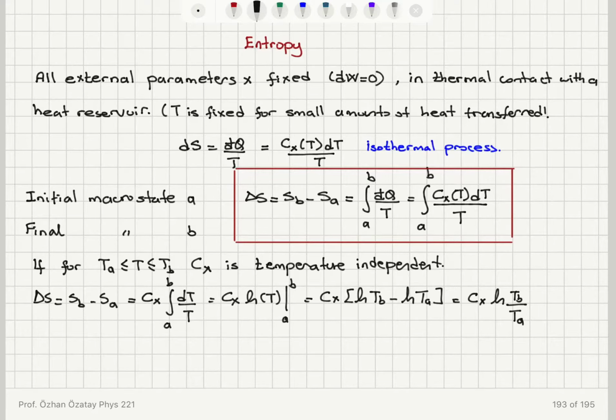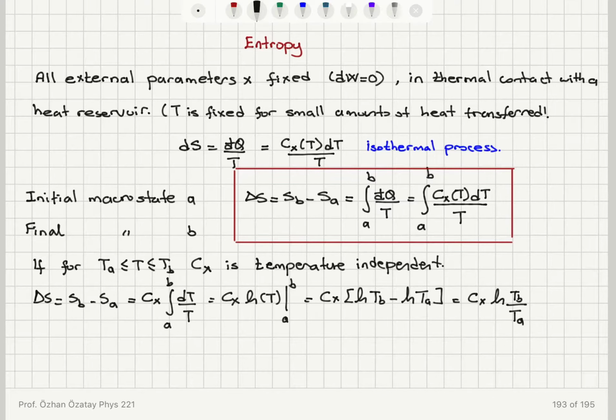So for all infinitesimal temperature ranges here, temperature is fixed, so we have many isothermal processes performed at temperatures varying in between TA and TB, and that's how we envision the entropy change is occurring in the quasi-static limit.